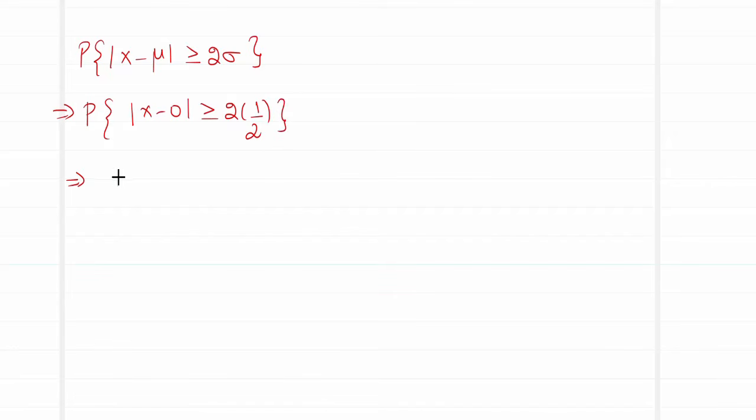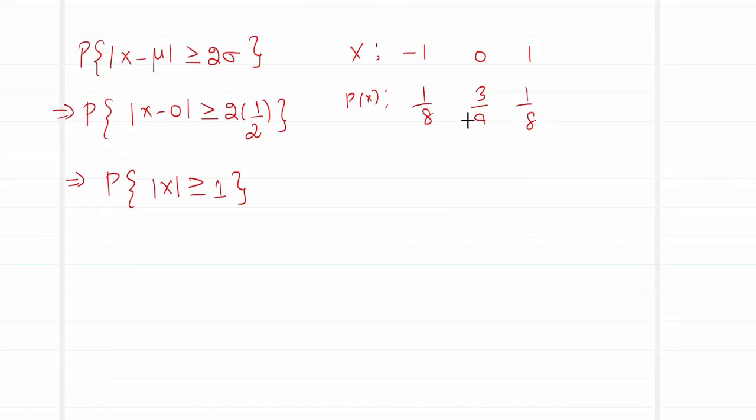Hence, I have this as probability of modulus of X greater than or equal to 1. The values taken by X are minus 1, 0, 1 and the corresponding probabilities of X are 1 by 8, 3 by 4 and 1 by 8.